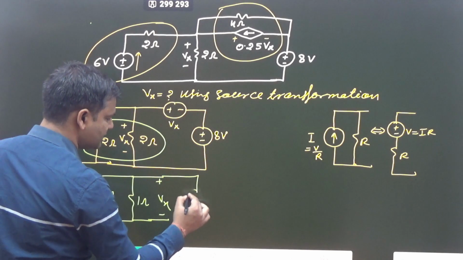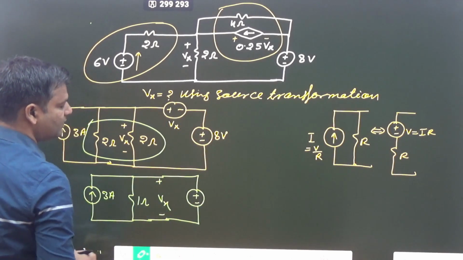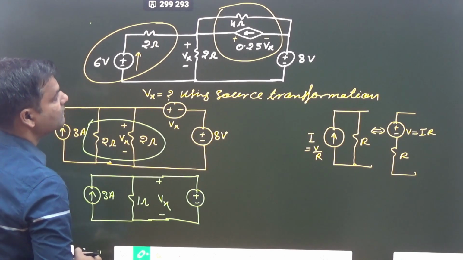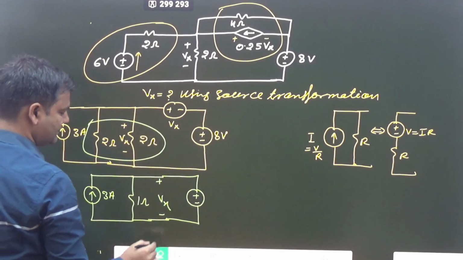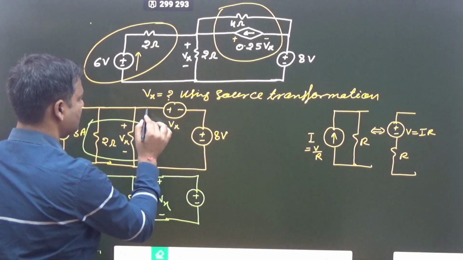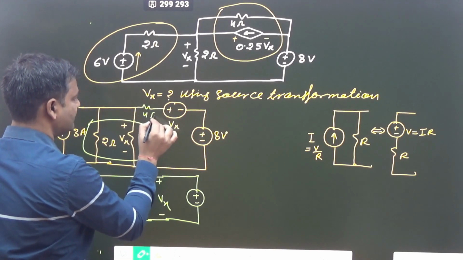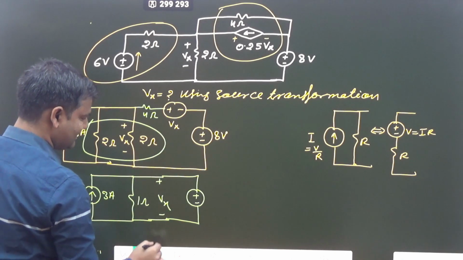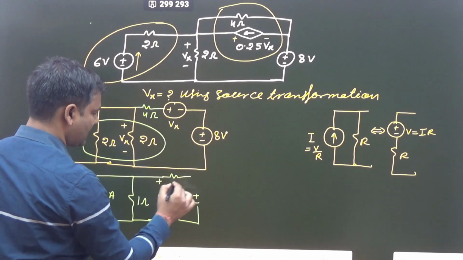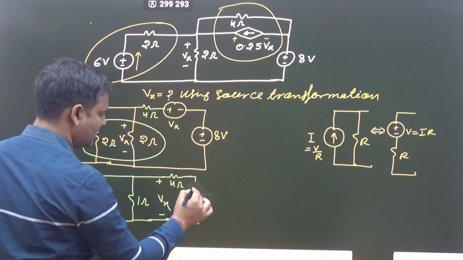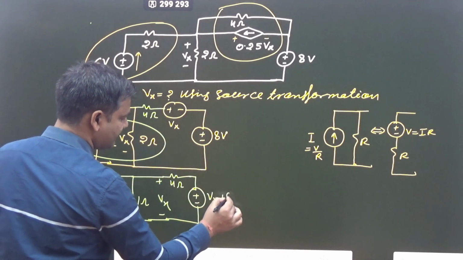Both are in series and with the same polarity, so adding, how much is it? 4 ohm also connects here. 4 ohm is missing here, that's why 4 ohm and 4 Vx plus 8.